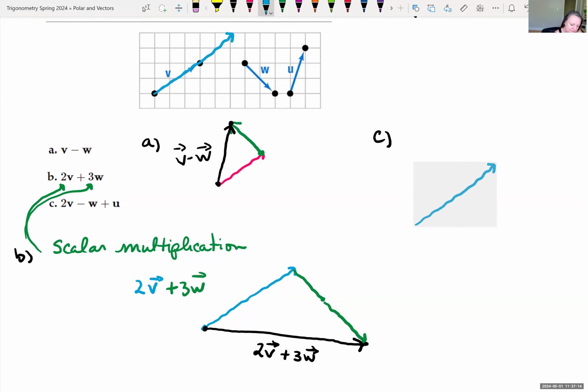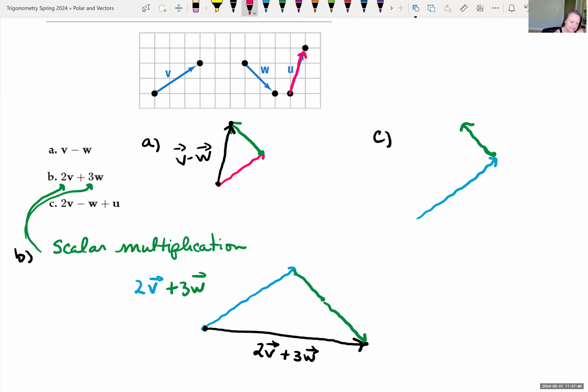So I have my 2v minus w. So my minus w is going to go in the opposite direction. So minus w. And then plus u. So plus u here.